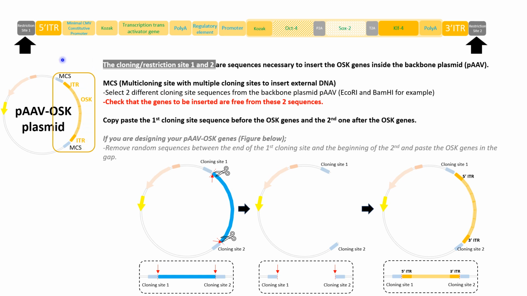So after selecting the restriction site 1 and 2, we copy paste the restriction site 1 at the beginning of the OS genes, and we copy paste the restriction site 2 after the OS genes. That is all, okay? And thanks to this restriction site, we will be able to insert this inside the plasmid, okay?